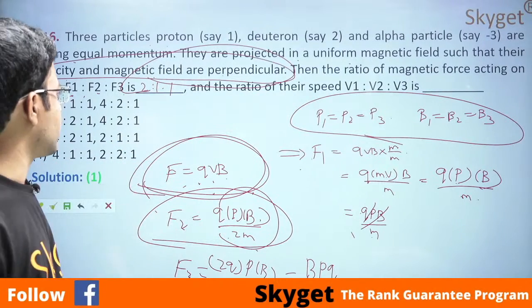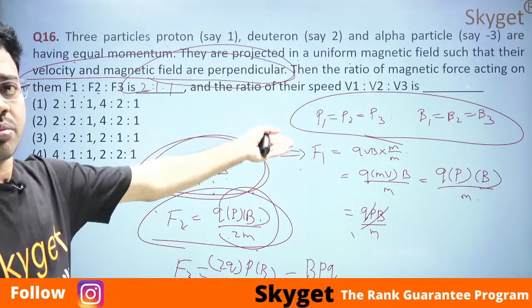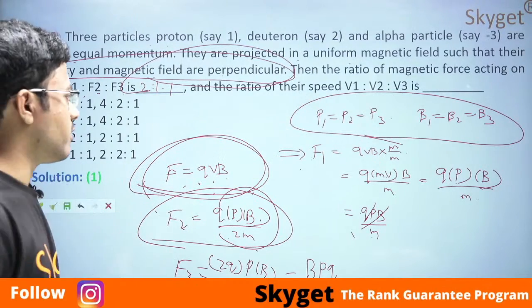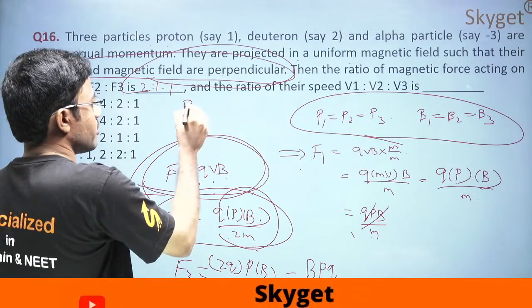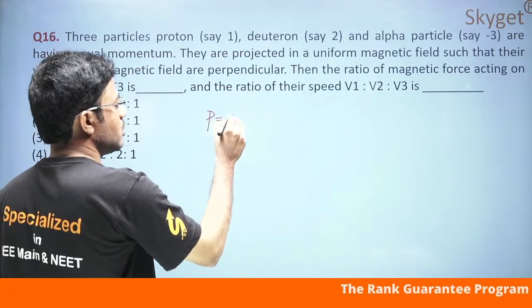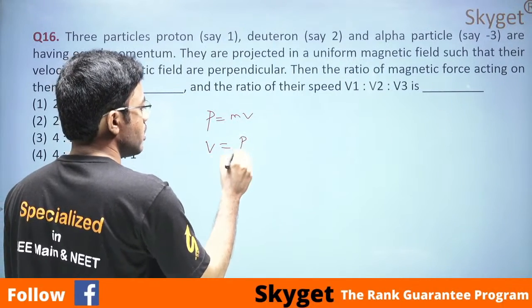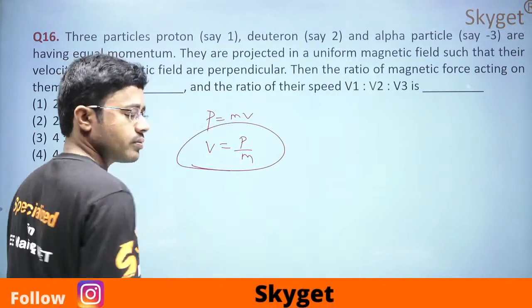Next it asks for the ratios of speeds, the velocities. If you have the linear momentum and mass, then obviously you can find the velocity. Because the linear momentum p is equal to m v, and he is asking the ratios of speeds, so v is equal to p by m.